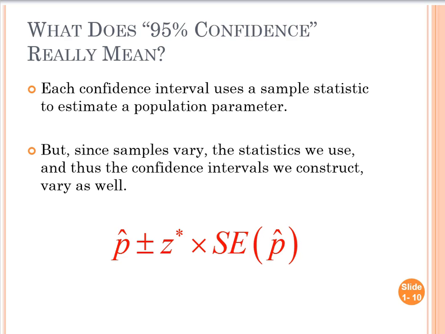The last thing I want to talk about is reviewing what the confidence intervals really mean. So every time we generate a sample, we can create a confidence interval. But our confidence intervals are really going to vary from sample to sample. So what does 95% confidence mean if our confidence intervals vary with our samples?